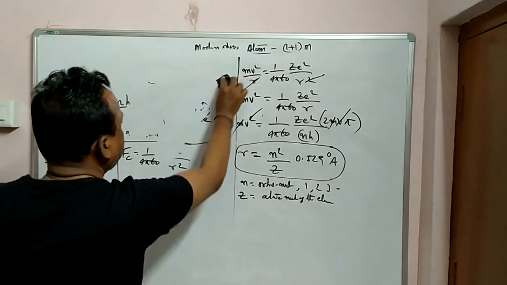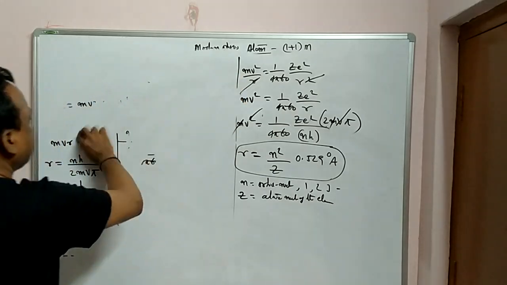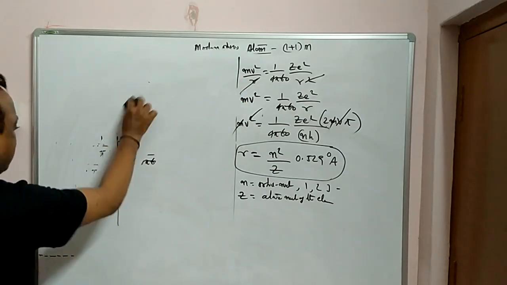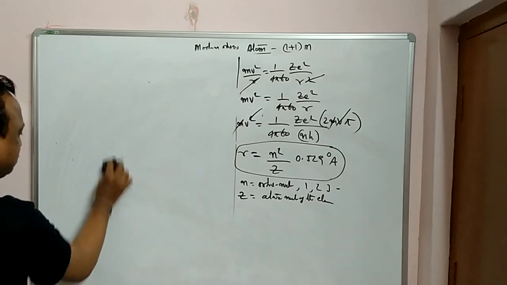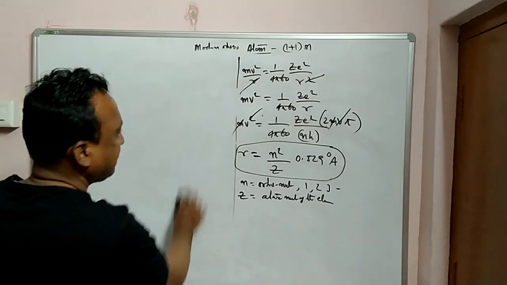In the same way you can get the velocity also. Velocity of the orbit, with what velocity the electron is moving, you can calculate nearly.